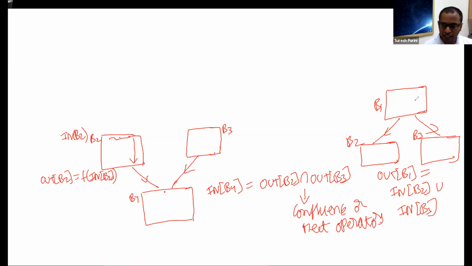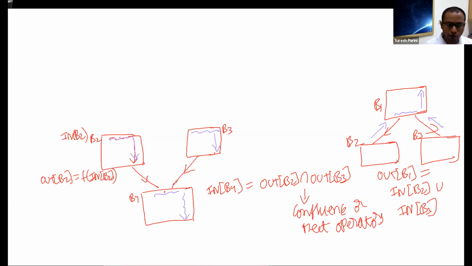In the live variables case, the information is going in the backward direction: in of B2 and in of B3 are propagated back, and then you compute out of B1 and propagate this information further. Whereas here, we have the out of B2 and out of B3 information, we propagate this information forward, and then we merge it to compute the in of B4, and then we propagate this information forward.